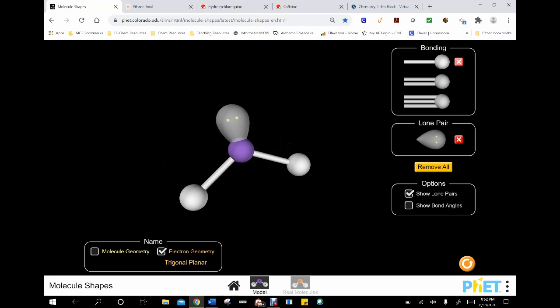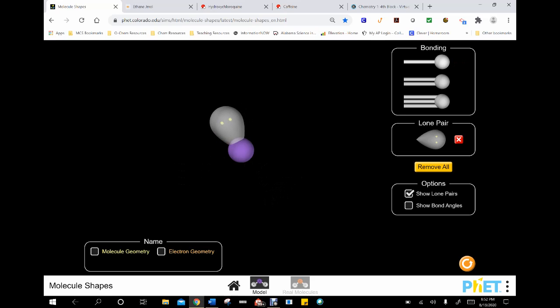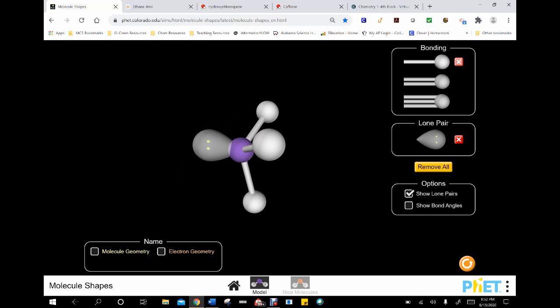However, if we now consider the overall shape of the bonding regions, it looks like it's been pushed down into a V by the lone pair. So anytime you have 2 bonds being pushed down, that's going to generate a bent molecular geometry. Now, let's go ahead and look at this example. Let me get 3 bonds on there.